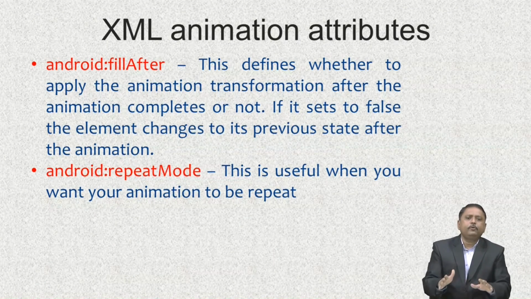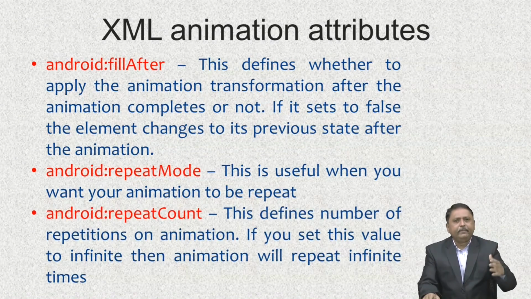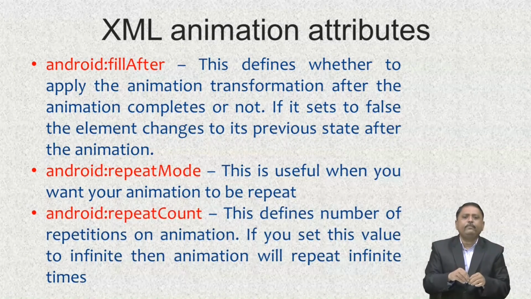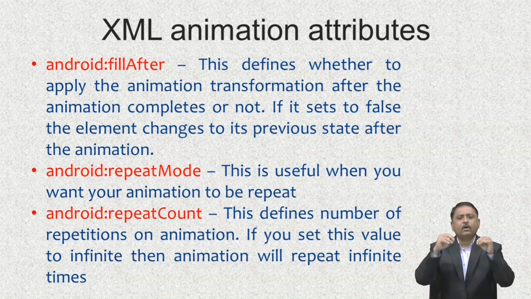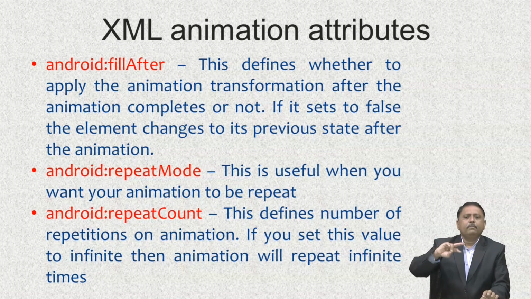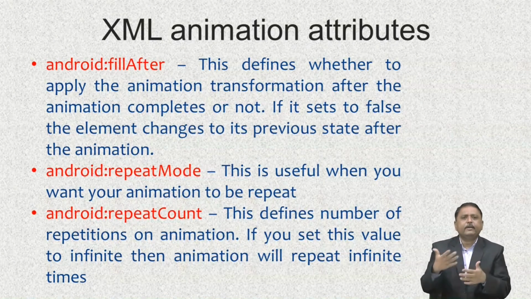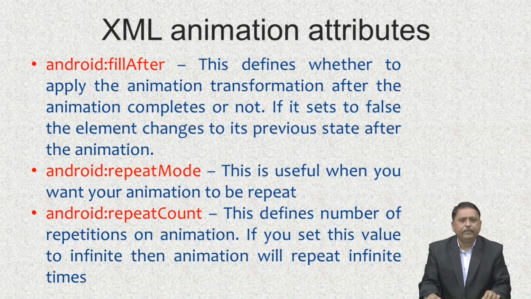It is useful when you want the animation to repeat. Inside repeat count, you have to define the number of repetitions of the animation. If you set this value to infinite, then the animation will repeat infinite times. So, by using a combination of repeat mode and repeat count, you can decide how many times the animation should be repeated.